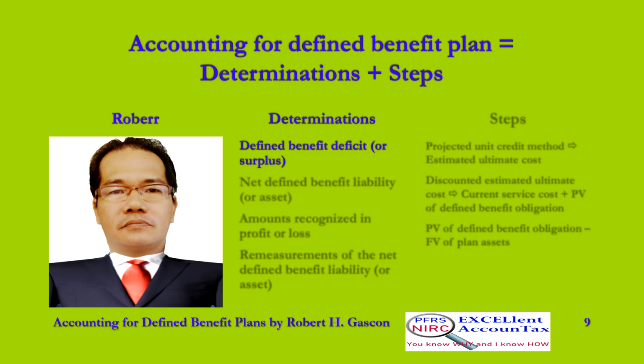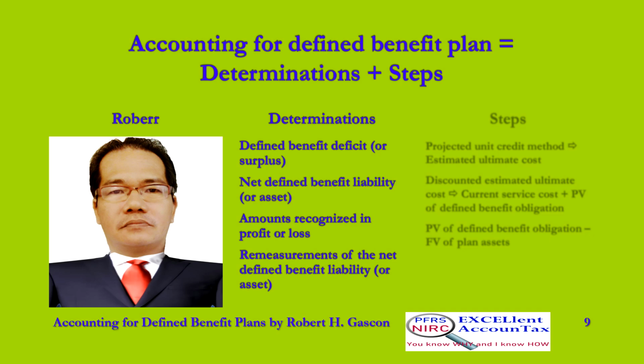The present value of the defined benefit obligations, minus the fair value of any plan assets. The defined benefit deficit, or surplus, adjusted for any effect of limiting a net defined benefit asset to the asset ceiling. The service cost, and the net interest on the net defined benefit liability, or asset.